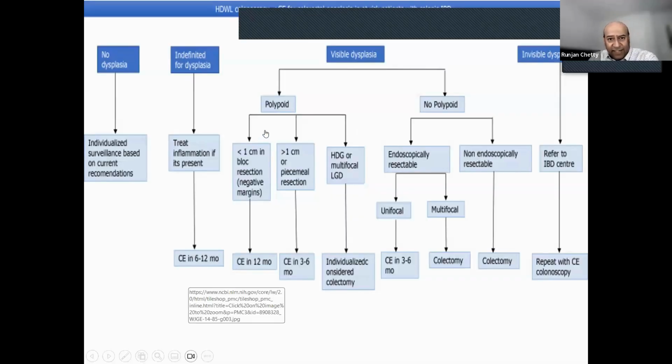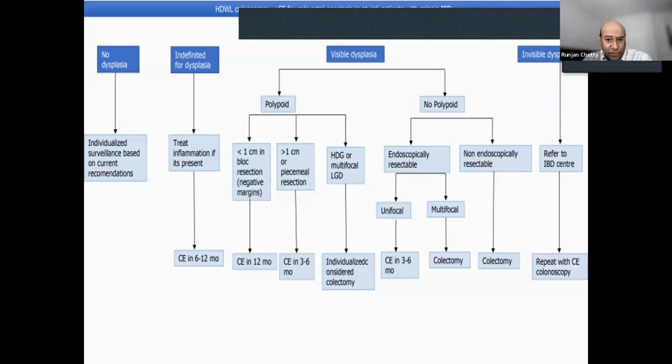And the distinction between polypoid and non-polypoid is important as well, because polypoid dysplasia endoscopically has a better prognosis than non-polypoid. So therefore, they have slightly different protocols in terms of what they advocate. Clearly, if there's high-grade dysplasia, colectomy is still the treatment of choice in this particular scenario, because the patient would have failed medical treatment leading up to high-grade dysplasia.